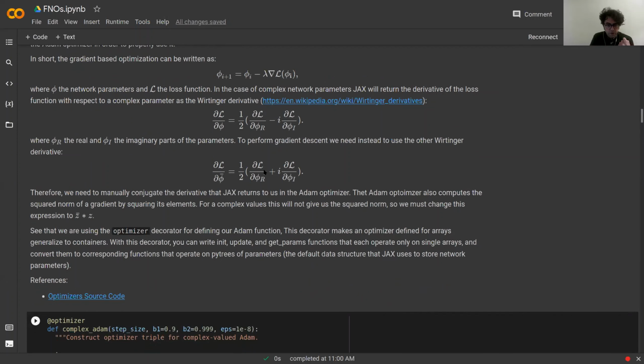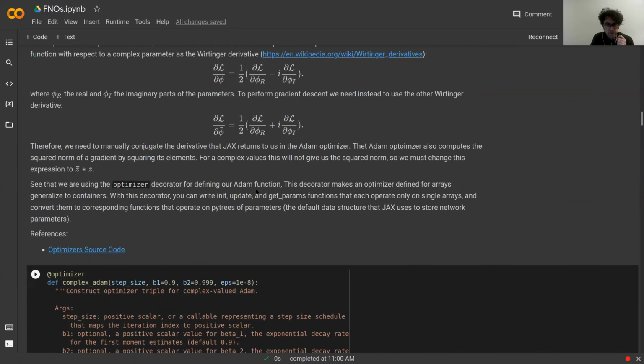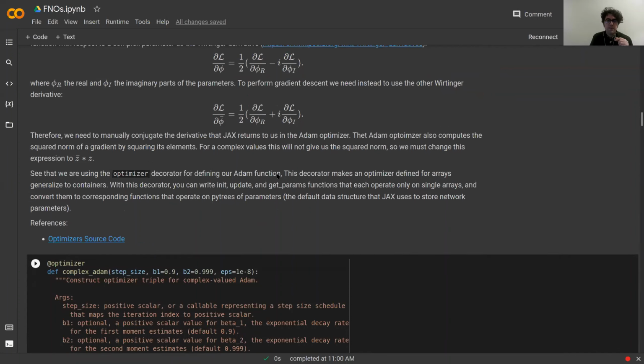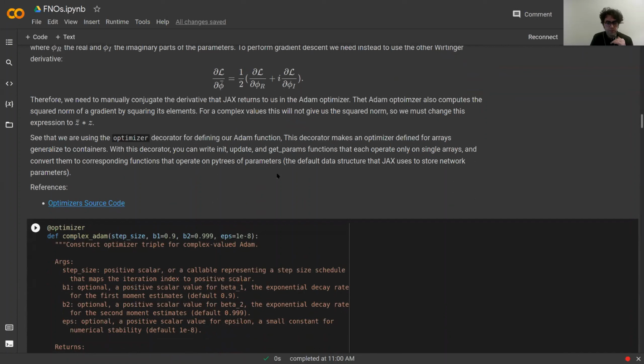This is the first thing we need to do. The second thing is that the Adam optimizer computes the squared norm of a gradient by squaring its elements. In the complex case, this will not give us the norm we are supposed to get. It only works for real parameters.